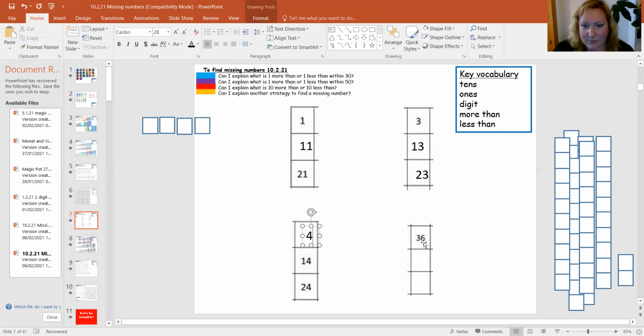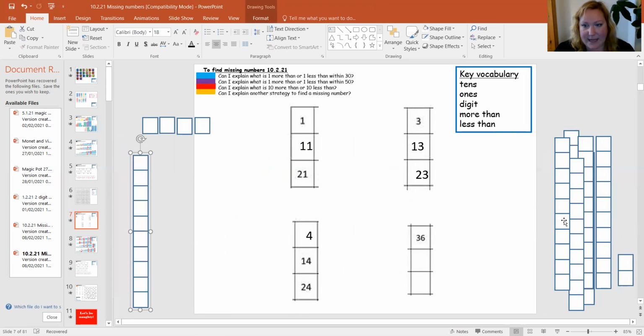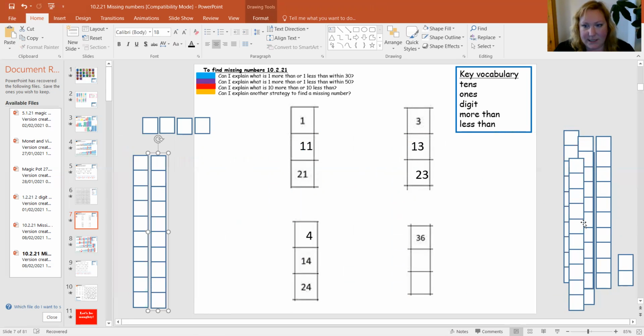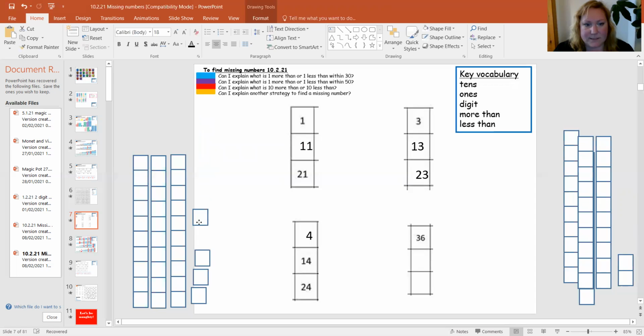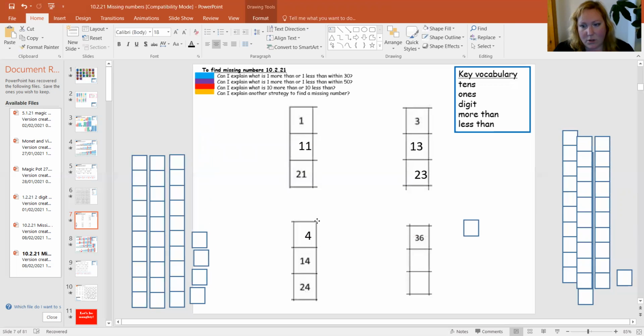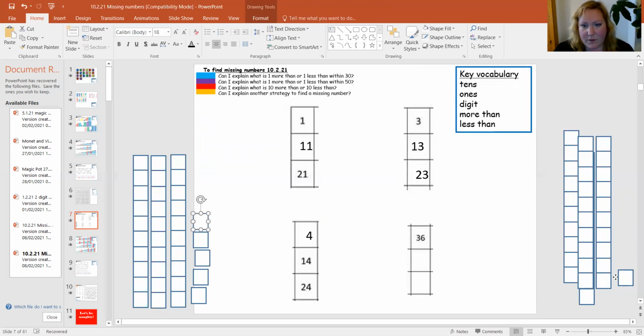Ooh, trickier one now. 36. So I'm going to make my 36. 10, 20, 30, 31, 32, 33, 34, 35, 36.